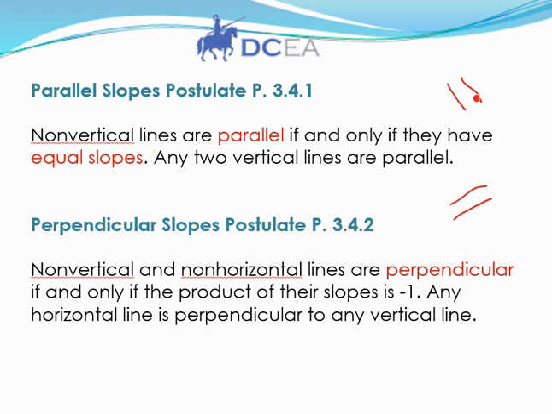The perpendicular slopes postulate, postulate 3.4.2: non-vertical and non-horizontal lines are perpendicular if and only if the product of their slopes is -1. We're not talking about the lines on a graph that run like this. We're talking about if they are at angles. The product of their slopes together would be -1.